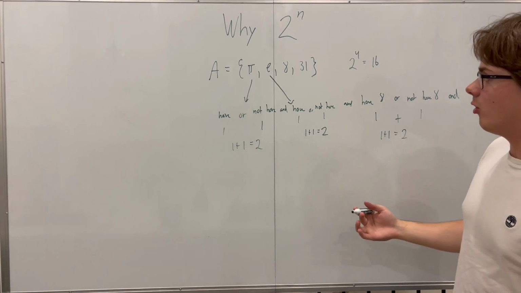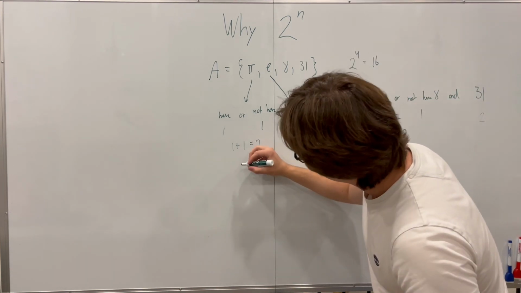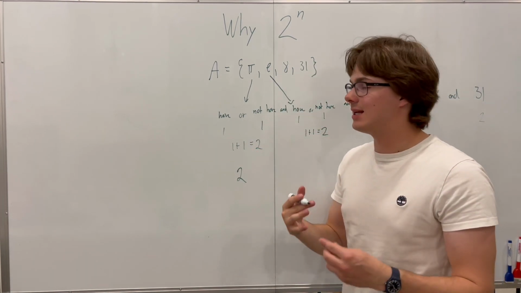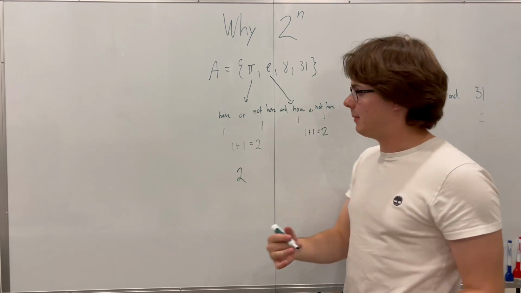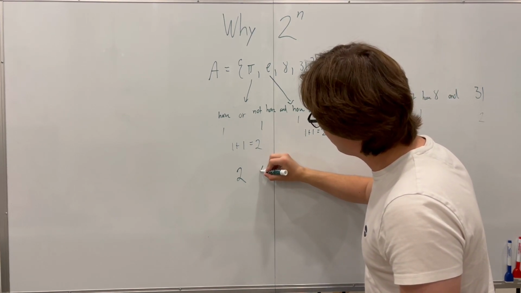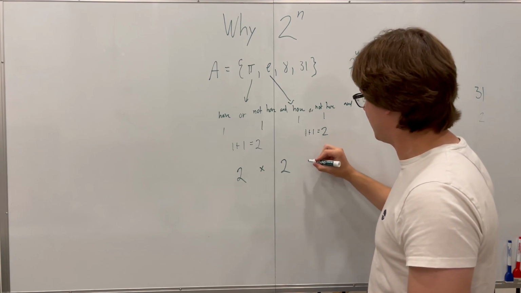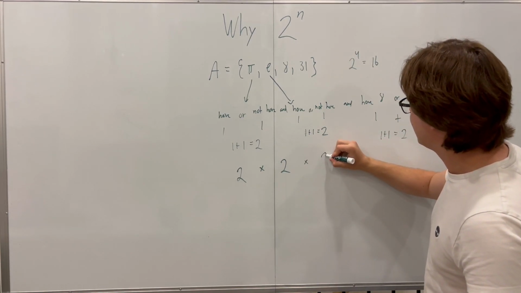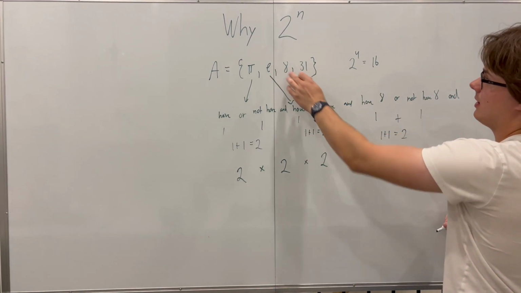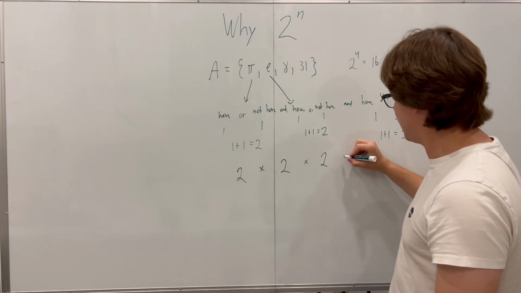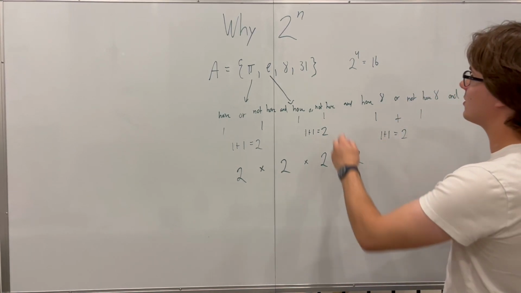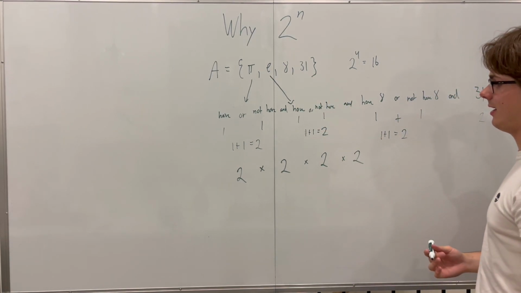So there we go. So what do we find is we have 2 possible ways that pi can be or not be in a subset, multiplied by two possibilities of gamma being or not being in a subset, multiplied by 2 because either e is or is not in a subset, and again multiplied by 2 because 31 is either in or not in a subset.